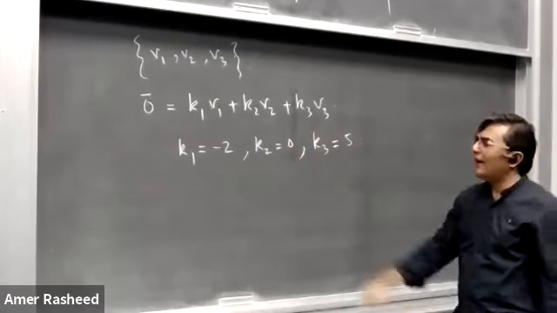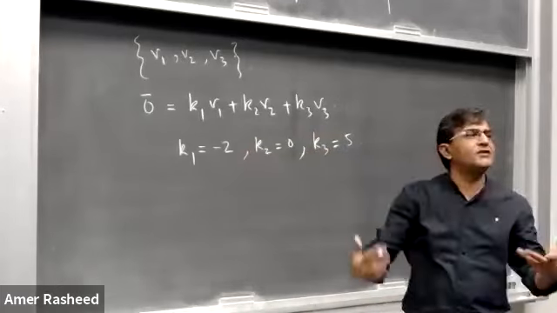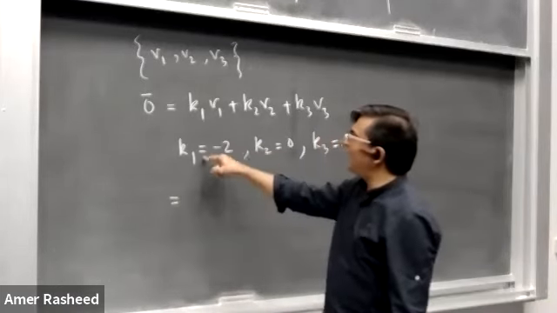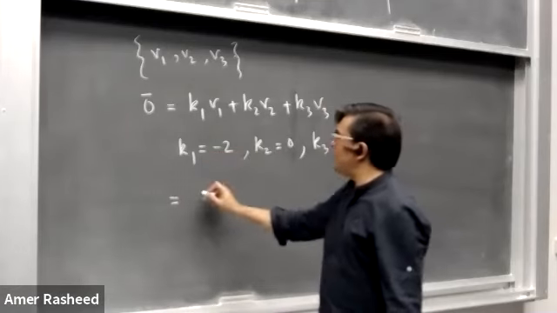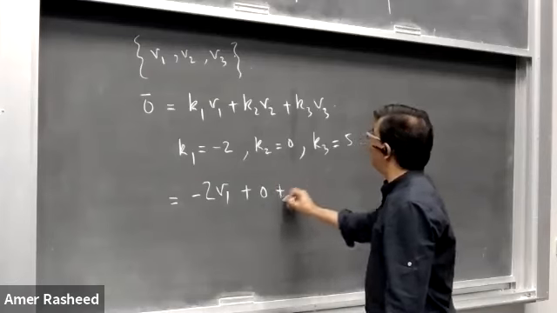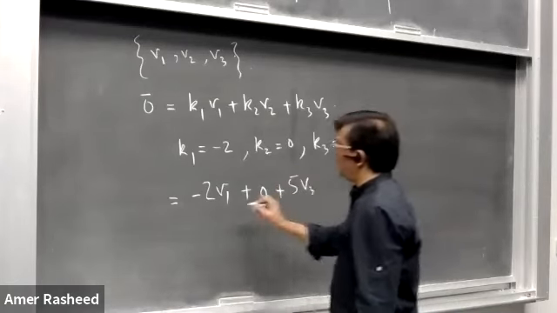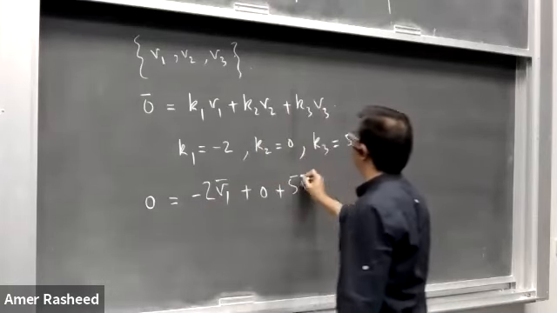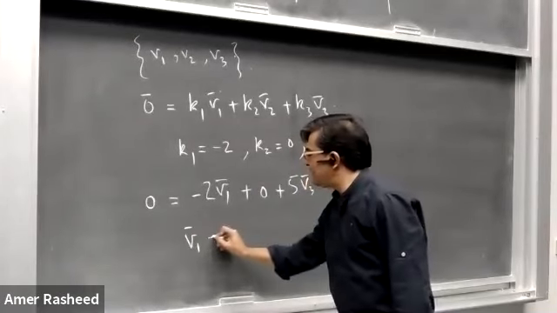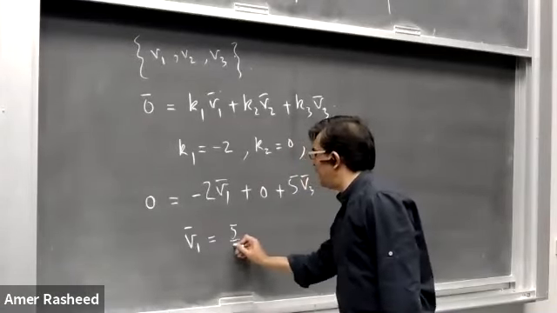At least one of the k's is non-zero. If we insert the values of k1, k2, k3 here, we get -2 v1 plus 0 plus 5 v3. It means that v1 is equal to 5 by 2 v3.